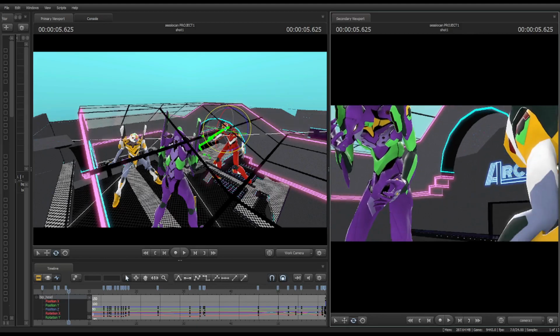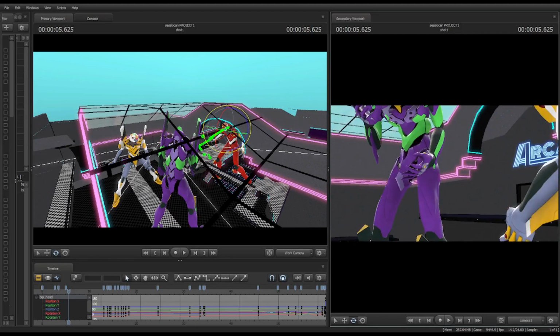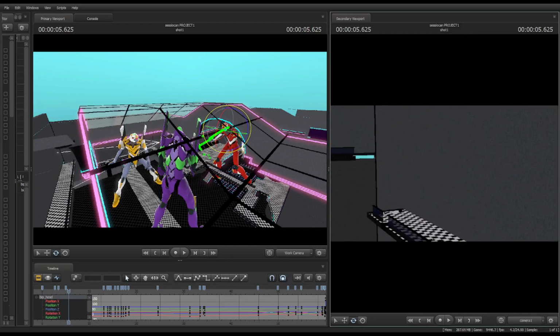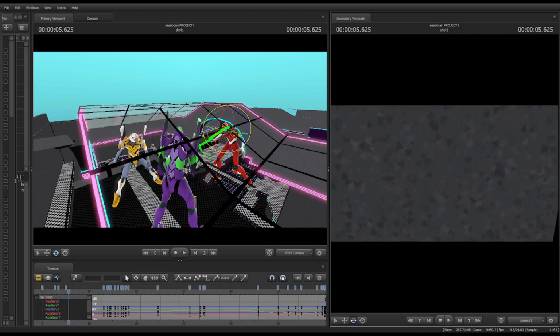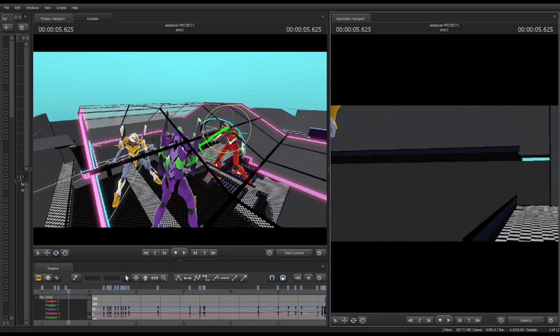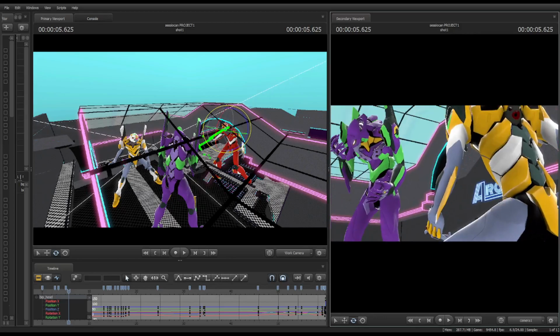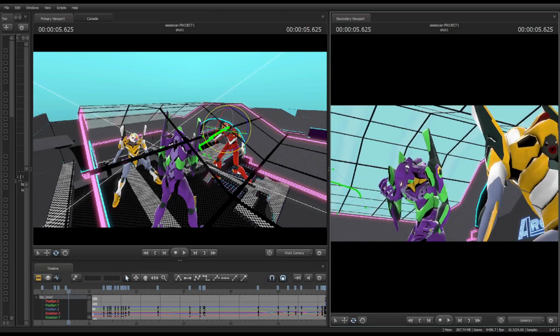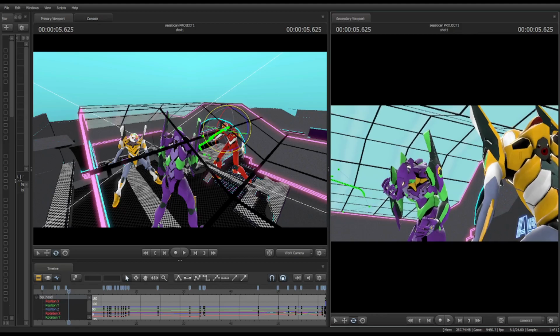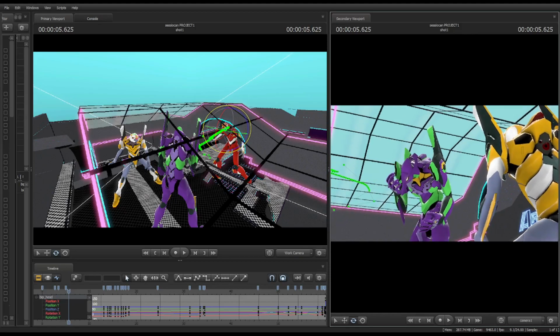Lower it, lower it, lower it. Maybe put it in this corner. And that'll work. Cool.